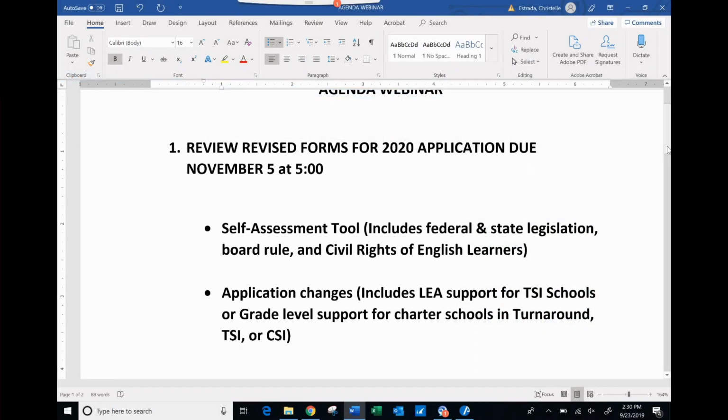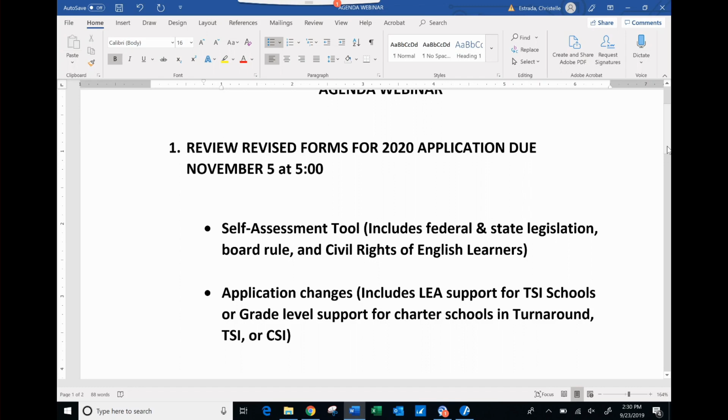The first one is the self-assessment tool, and the reason we use the self-assessment tool is that it provides all the accurate information about federal and state legislation for which we're accountable, as well as board rules that represent state legislation, and then the civil rights of English learners to high-quality instruction.